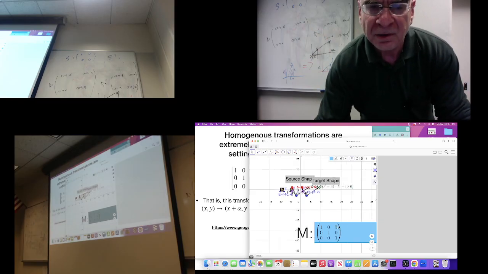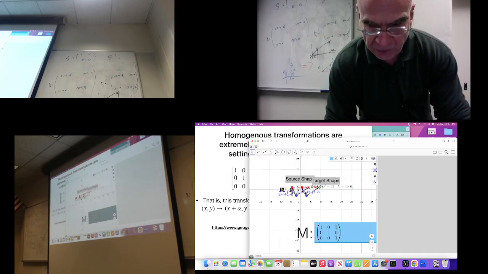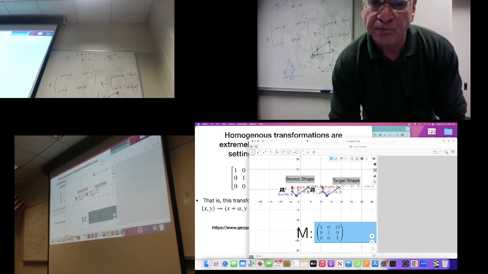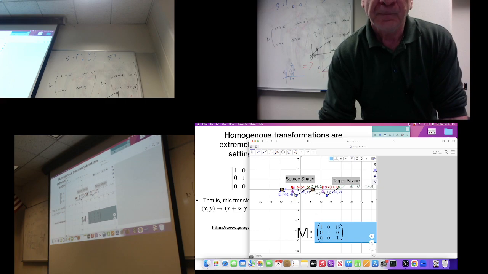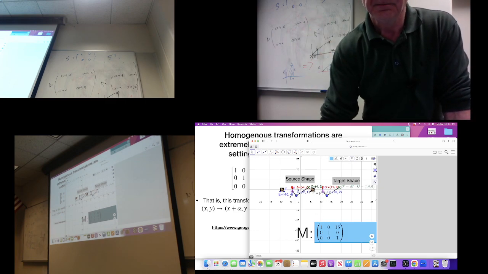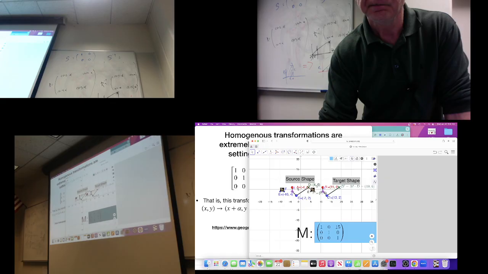A bit hard to see. Let's do it a bit more extreme. Okay, shifted to the right. Blue moved to C prime, and B moved to B prime over here.